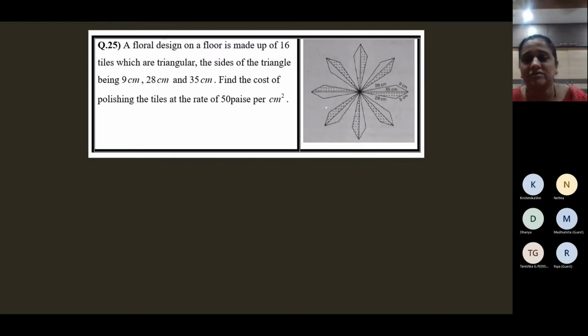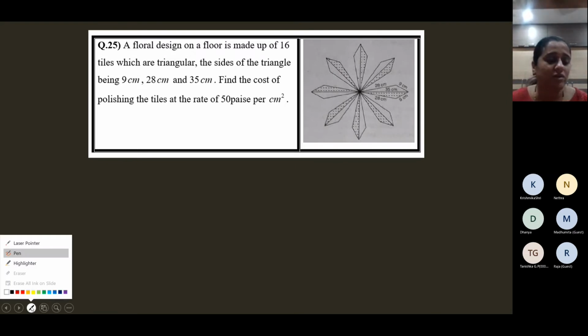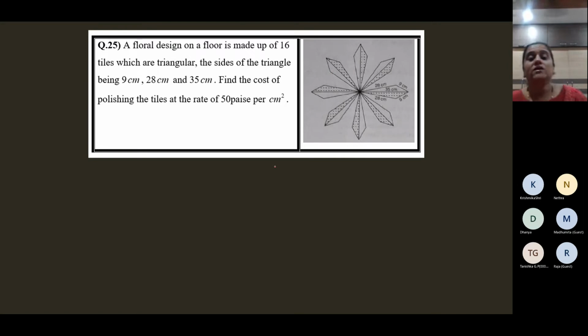Okay, so you can see this. In olden days, if you see the houses in the villages, in the middlemost portion of the hall, the tiles used will show a floral design like this.